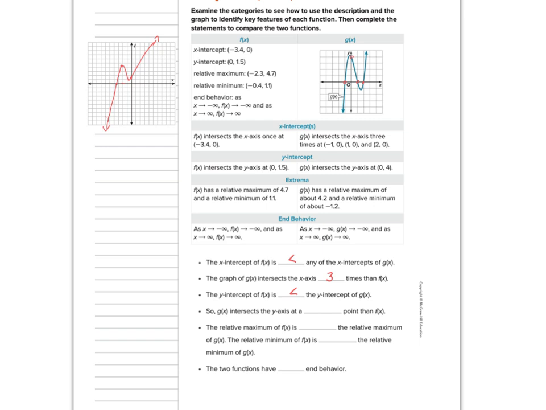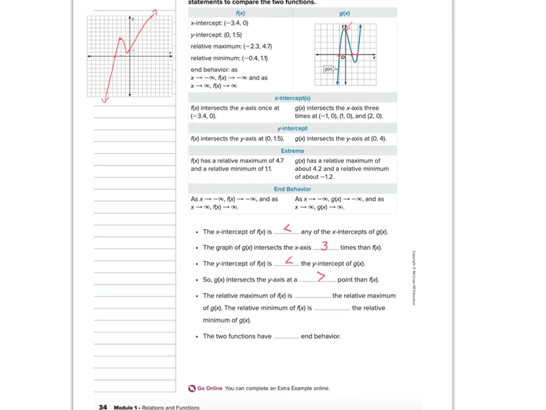So g of x intersects the y-axis at, it looks like 1, 2, 3, 4, okay? Intersects the y-axis at a greater point than f of x, because f of x intercepts at 1.5.